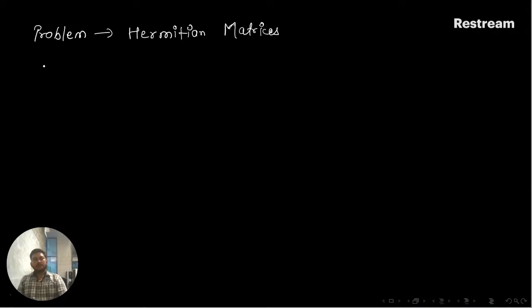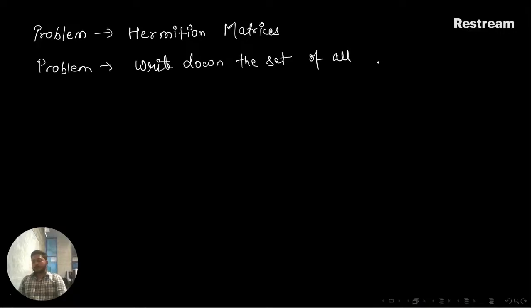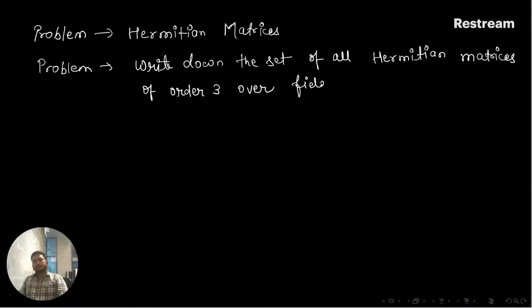And the problem is: write down the set of all Hermitian matrices of order 3 over field C. Okay.